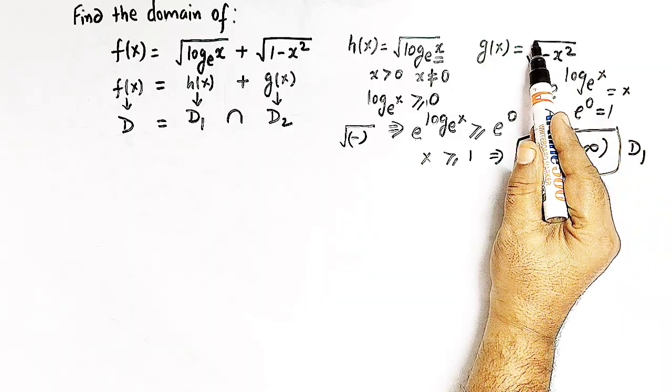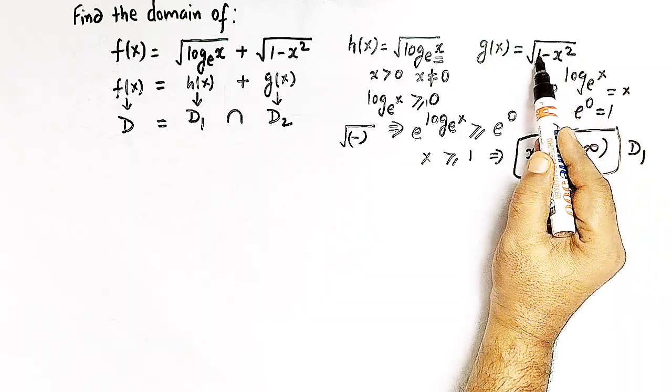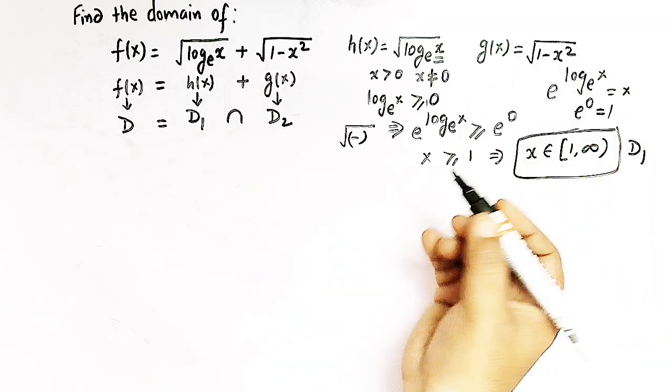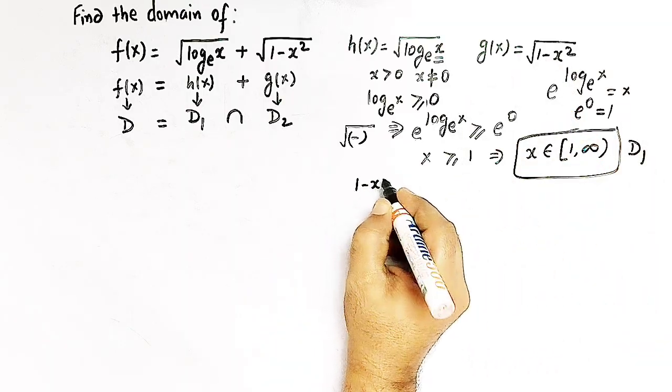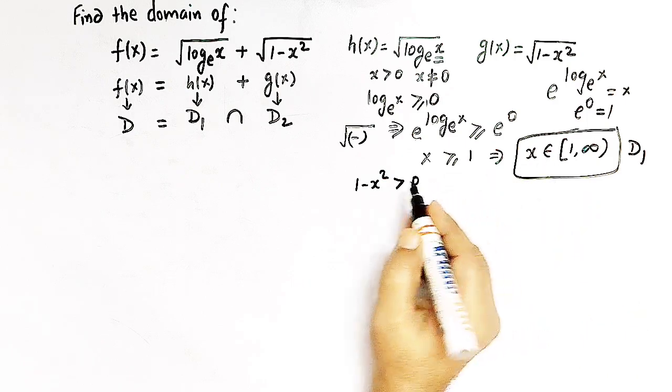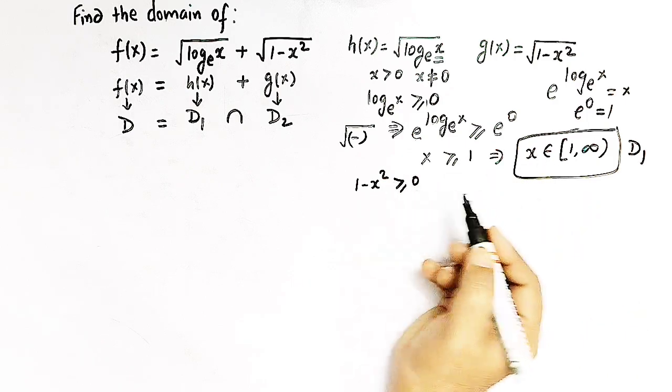Now here inside the square root sign we have 1 minus x square, and again 1 minus x square should be a positive quantity, that is it should be greater than or equal to 0.